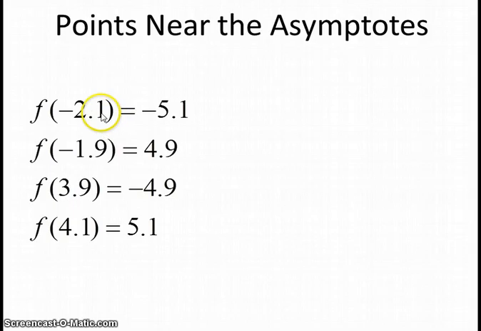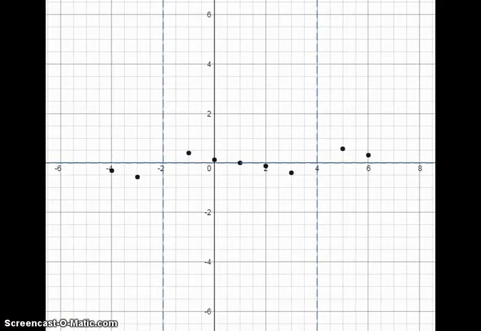So I chose 1/10 away from each asymptote, and we can see that the numbers do grow quickly. The other points that we picked were always between 0 and 1, but as we get closer to the asymptotes, these values do increase and decrease sharply. So let's plot these 4 points, and maybe that will give us our last bit of information that we need.